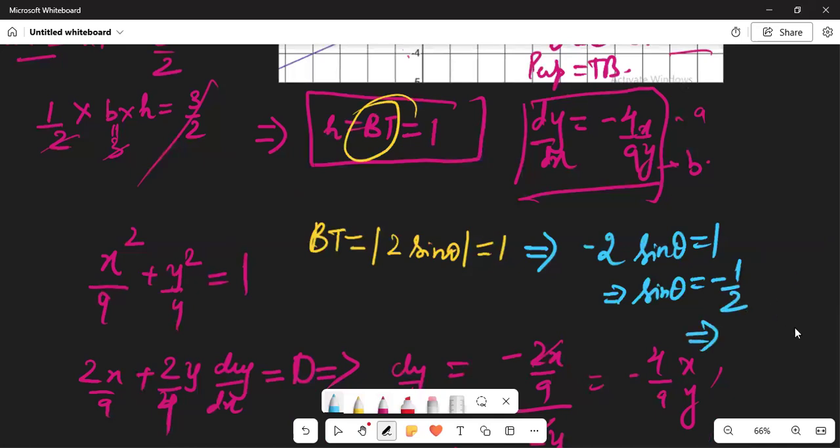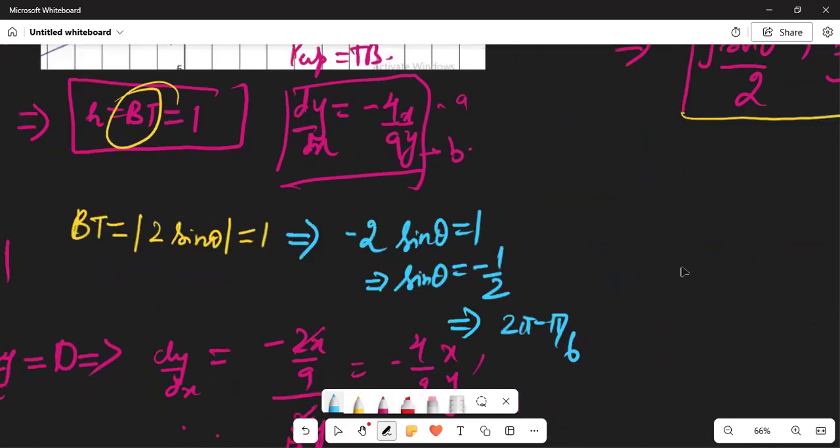This gives 30 degrees in the clockwise direction. When we calculate anticlockwise, you get 2 pi minus pi by 6, which is nothing but 11 pi by 6. So this is the value of theta.